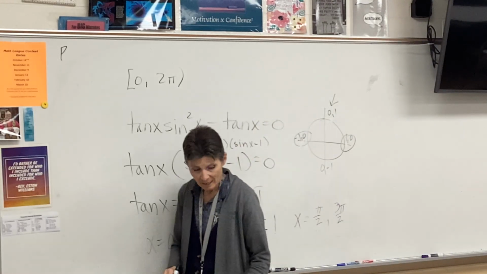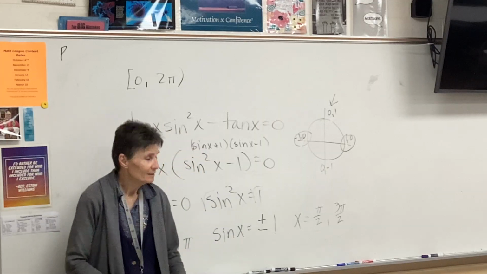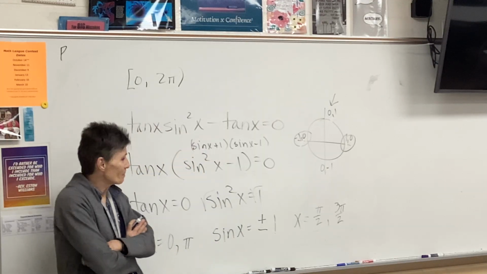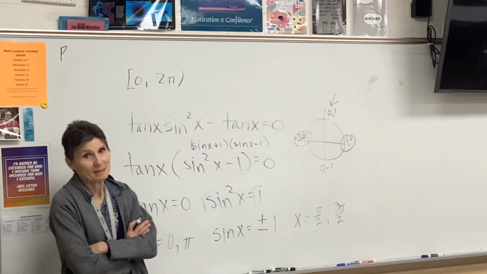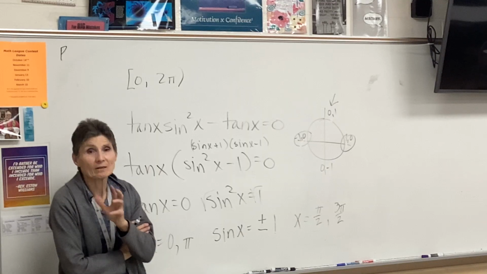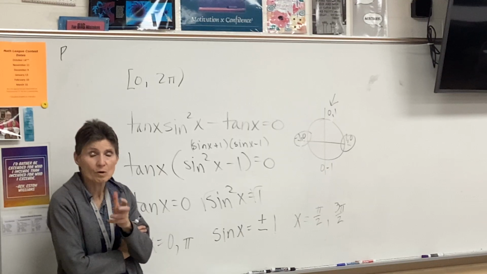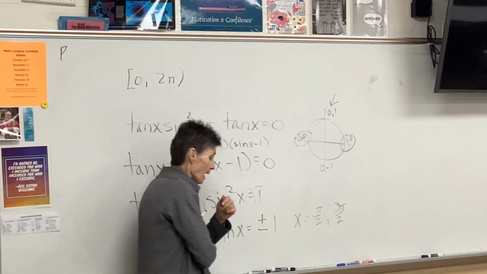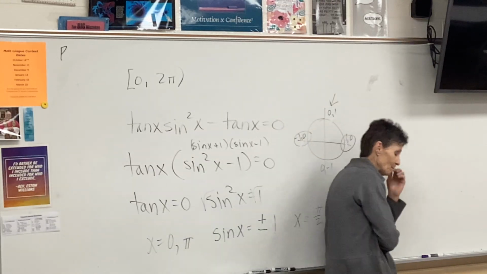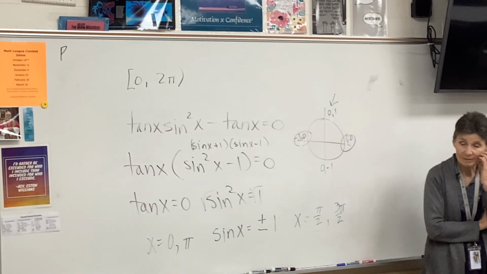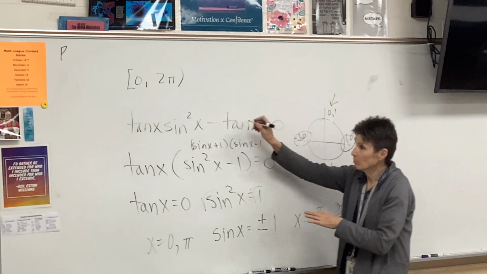Now I'm actually glad that I'm not doing this with you, because at this point you're going to be mad at me, because there's an extra little wrinkle in this problem. I want you to think about tangent. Look at the original problem.